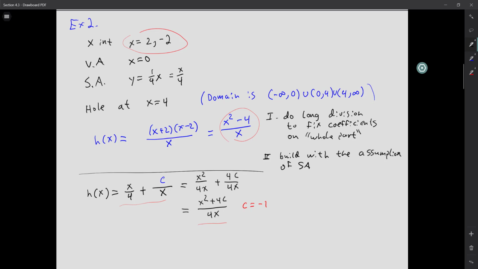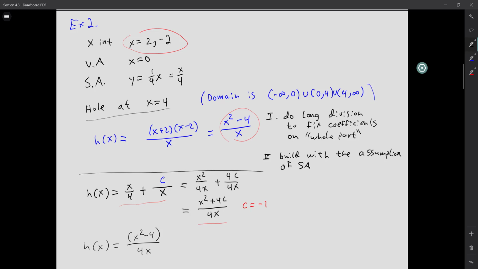So my final answer should start looking like h of x equal to x squared minus 4 all over 4x. But what this is still missing is the hole at x equal to 4.